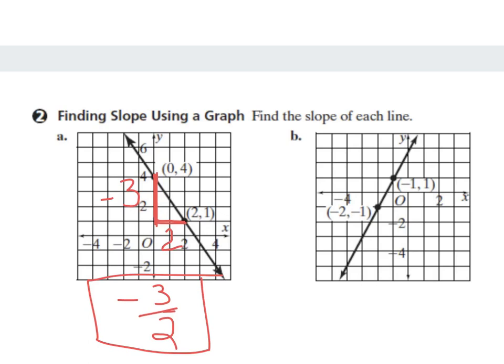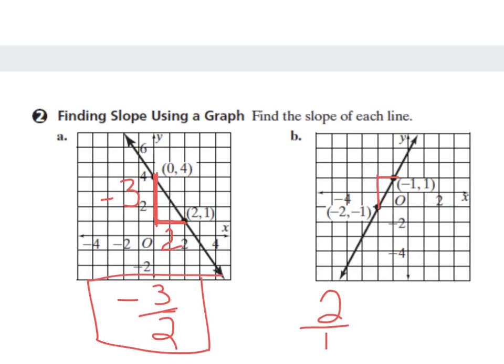In example B, here we're going up and over, so we are going up, unlike the last problem in which we were going down from left to right. So we're rising from -1 to 1. So we're rising 2, and we are running from -2 to -1, so we're running 1.